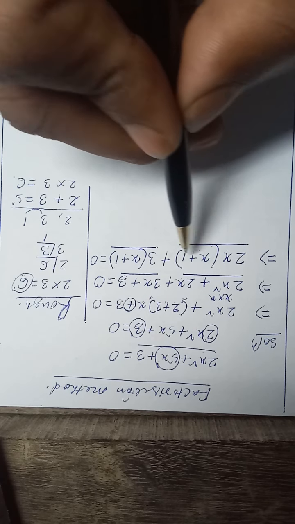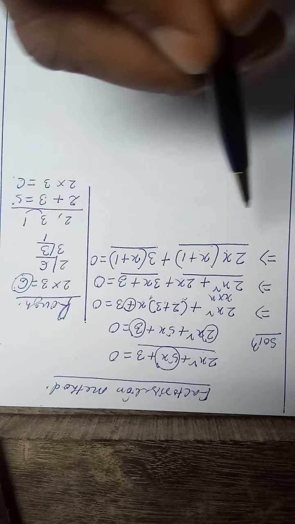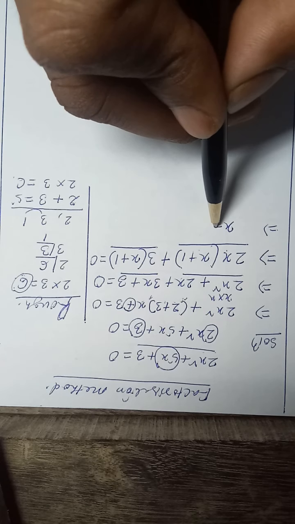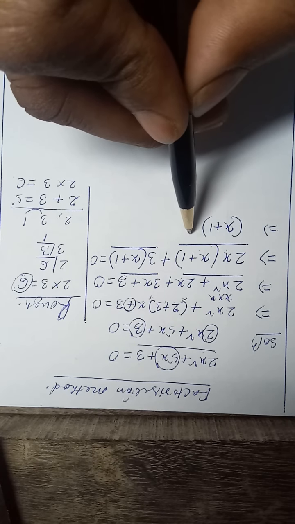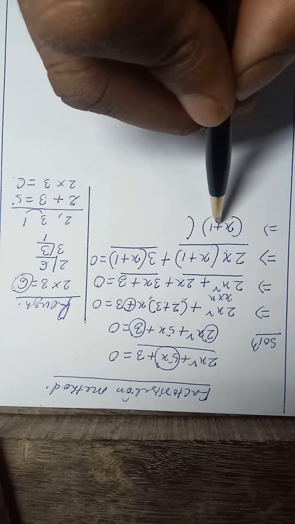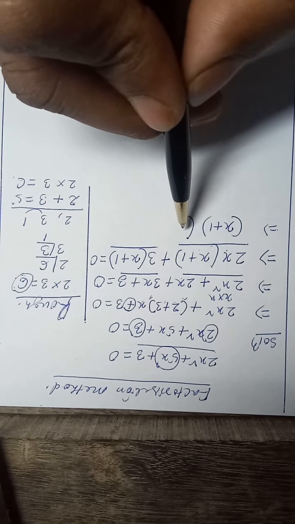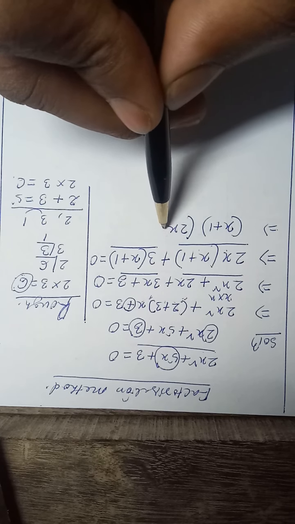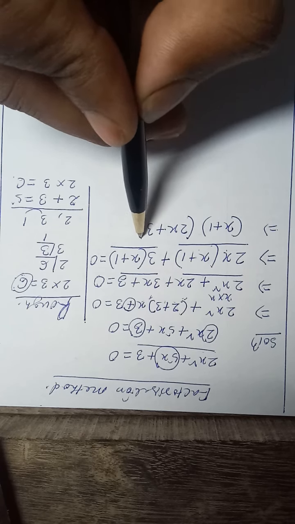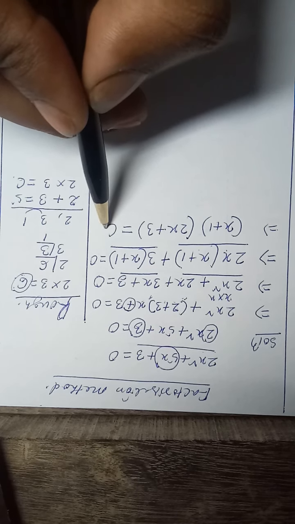Here x + 1 is there, here also x + 1 is there, so we can take x + 1 common. Then x + 1 is taken common, bracket started. From the first term 2x is left, plus from the second term 3 is left, = 0.